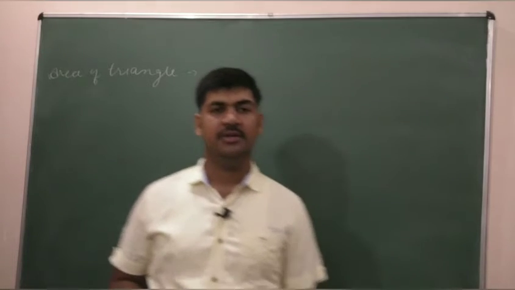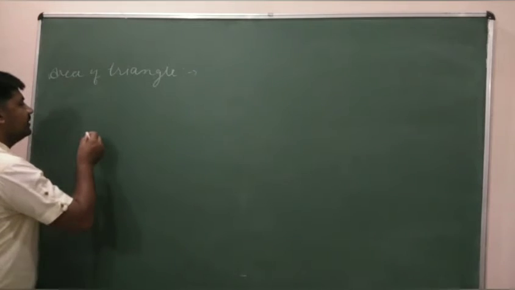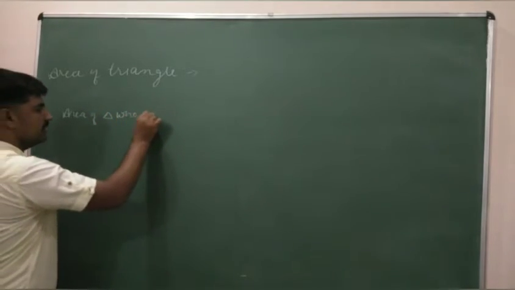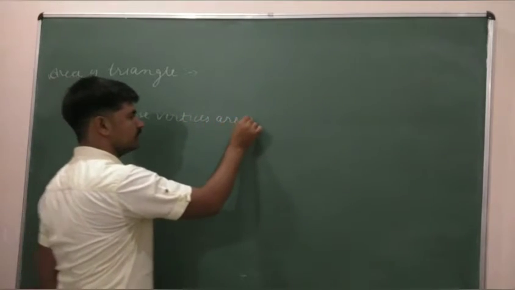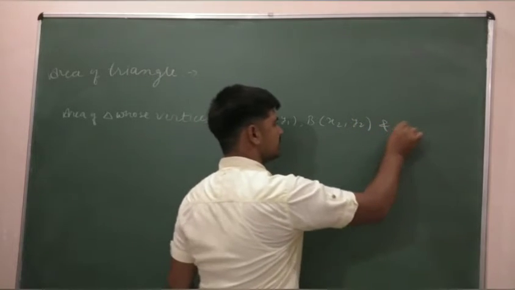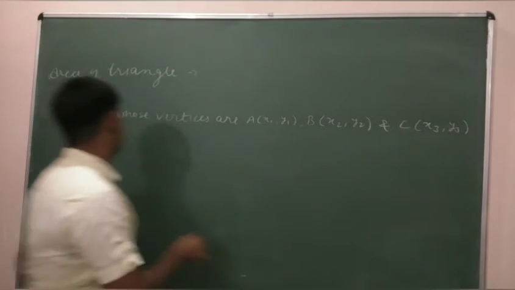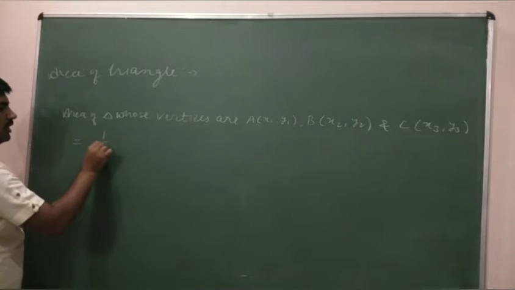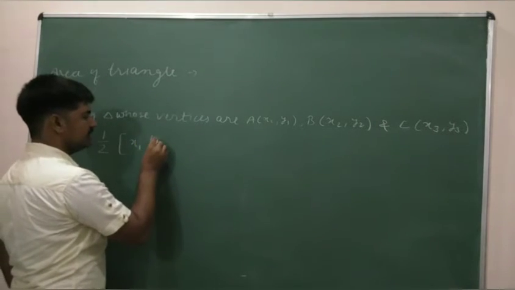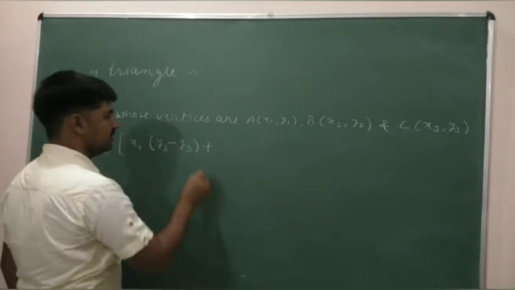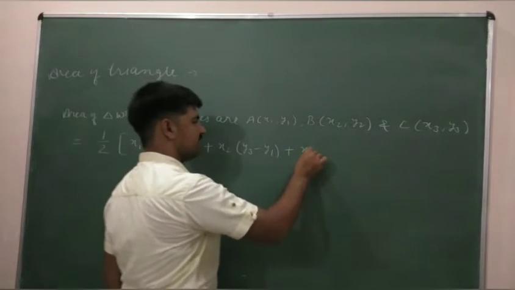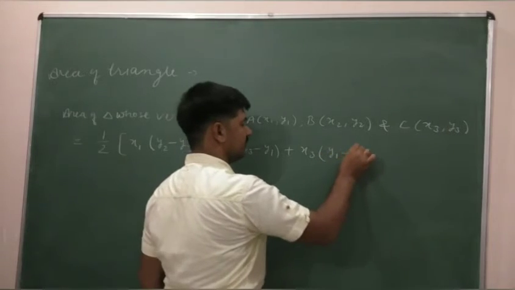This particular topic we have studied in class 10th, and if you remember, the area of triangle whose vertices are A (x1, y1), B (x2, y2) and C (x3, y3) is equal to half of x1 times, under bracket, (y2 minus y3) plus x2 times (y3 minus y1) and plus x3 times (y1 minus y2).